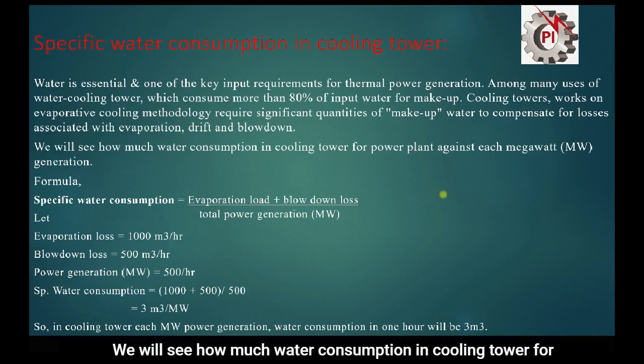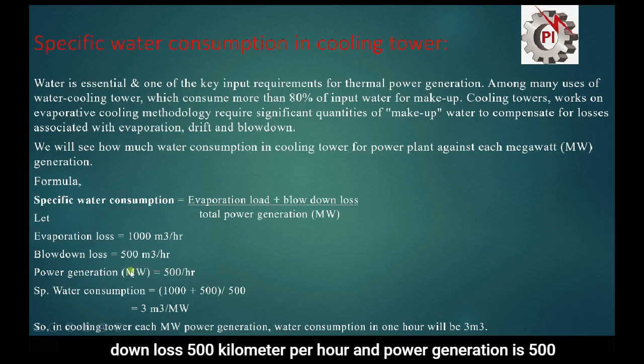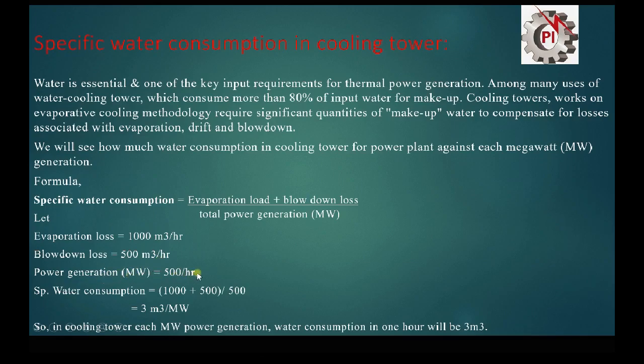We will see how much water a cooling tower consumes in a power plant for each megawatt of generation. The formula for specific water consumption is evaporation loss plus blow down loss divided by total power generation in megawatt. Suppose the evaporation loss is 1000 cubic meter per hour, blow down loss is 500 cubic meter per hour, and power generation is 500 megawatt.